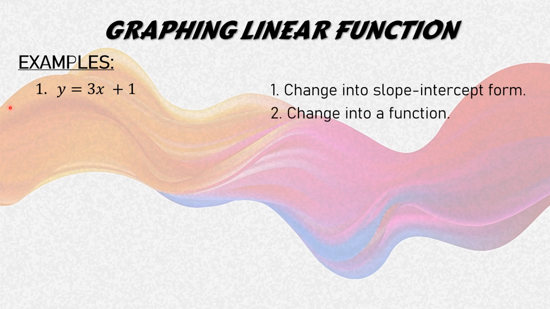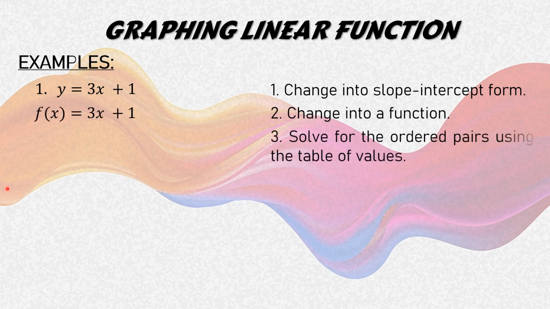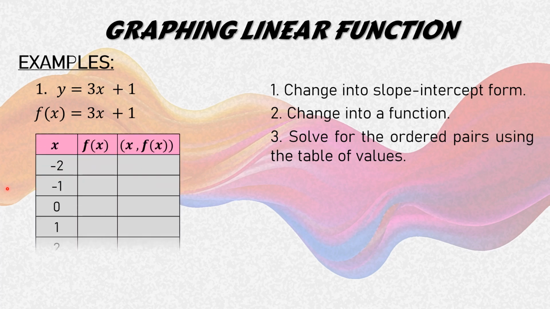Change into a function. Papalitan lang natin ang given into a function by changing the variable y with f of x. And then, third step is to solve for the ordered pairs using the table of values. So, meron tayong table of values. We have the values of x: negative 2, negative 1, 0, 1, 2.